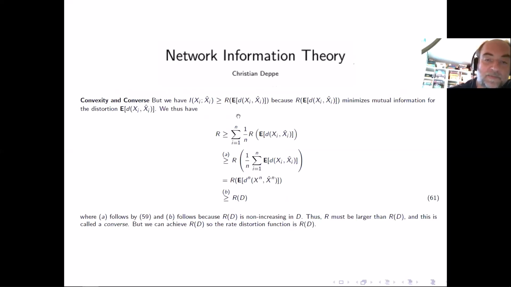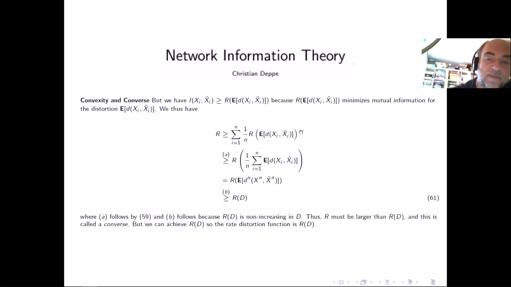Now we know that this is of course greater equal than the rate function of the expected value of d of xi and xi hat, because we know from our formula that this minimizes the mutual information for this distortion. So we know that the rate is greater equal than this sum here.